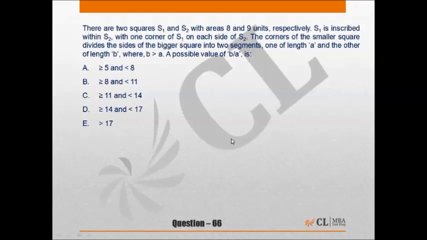There are two squares S1 and S2 with areas 8 and 9 units respectively. S1 is inscribed within S2 with one corner of S1 on each side of S2. So let's draw the figure. This is S2, that is the outer square, and this is S1 inscribed within S2.